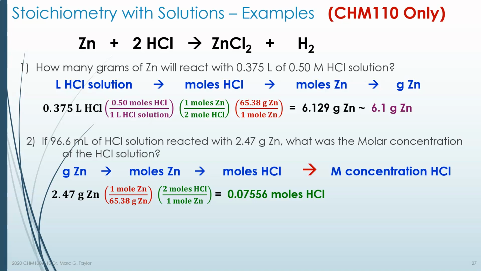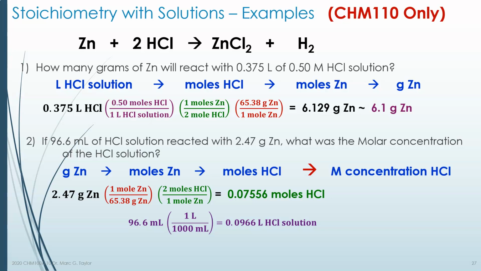Now, first, we have to figure out our volume. We already have the number of moles of HCl, so that's more than halfway to molar concentration. And now we have to convert our milliliters of solution into liters of solution. So we're just going to divide by 1,000 because it's 1,000 milliliters per 1 liter.